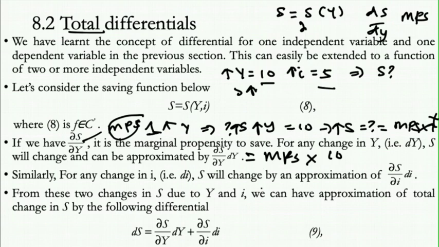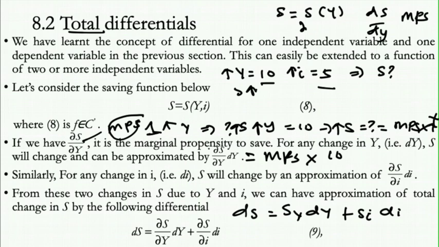Expression 9 can alternatively be written as dS equivalent to S_y dY plus S_i dI.